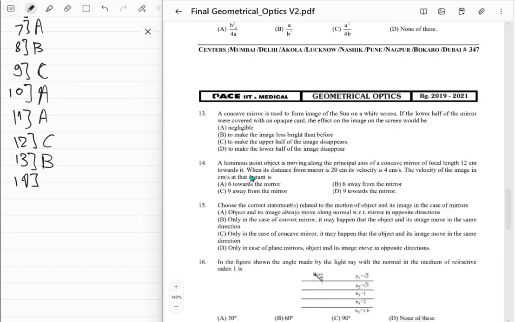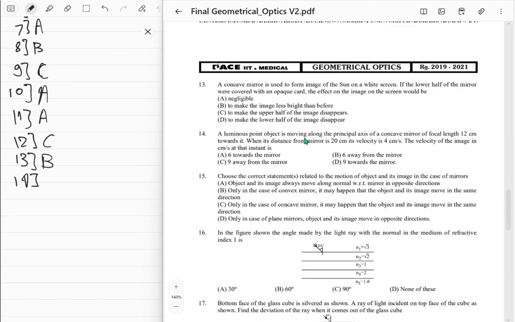14. A luminous point object is moving along the principal axis of a concave mirror of focal length 12 centimeter towards it. When its distance from the mirror is 20 centimeter, its velocity is 4 centimeter per second. The velocity of the image at that instant is... Focal length is given, along the principal axis of the concave mirror.